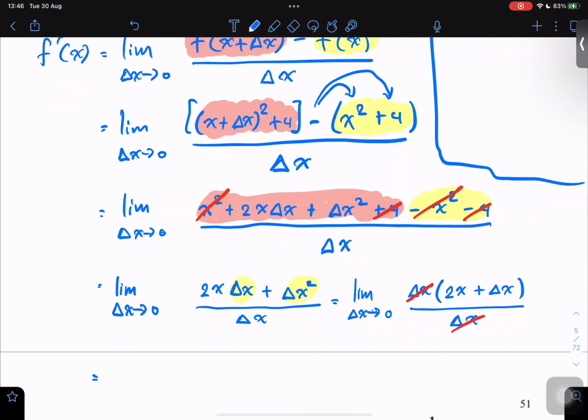So this will be left with 2x plus delta x, and when you take delta x approaching 0, you get just 2x.